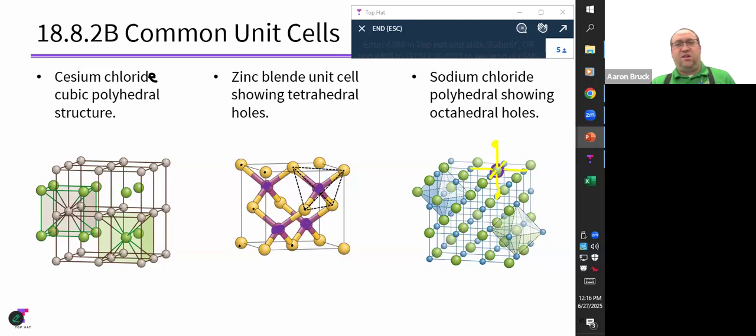And then we see the tetrahedral holes in the zinc blende. And we'll come back to this. We'll start looking at other crystalline structures and trying to identify what kind of holes are being utilized there, and can we evaluate the empirical formula based off of these drawings.